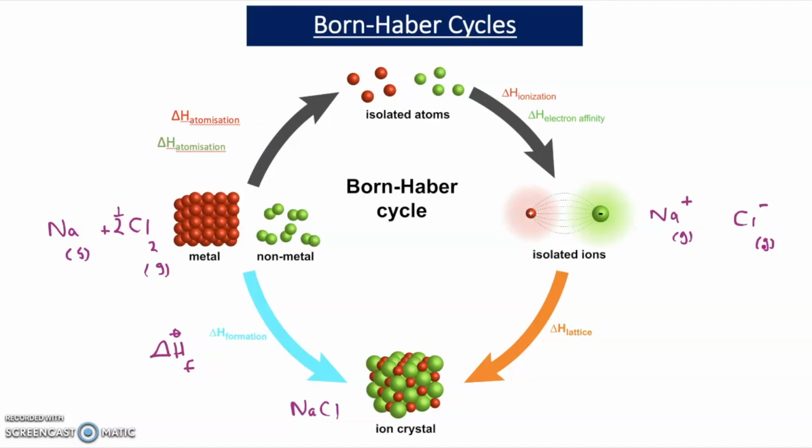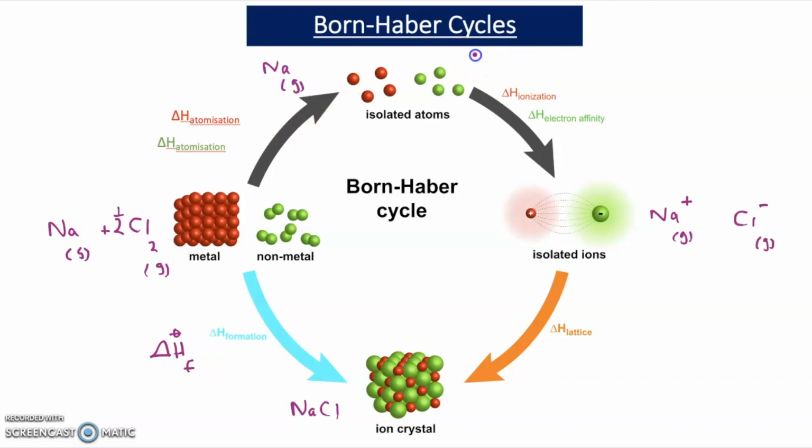So I can represent this by Na+ gas reacting with Cl- gas forming NaCl, and that represents the enthalpy of lattice formation. Under standard conditions it would be the standard enthalpy change of lattice formation.